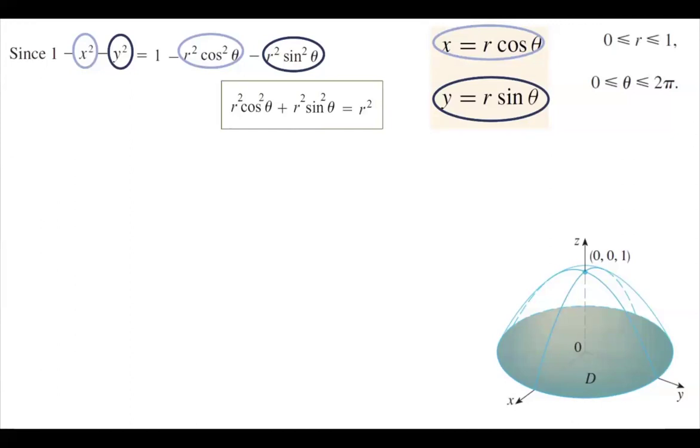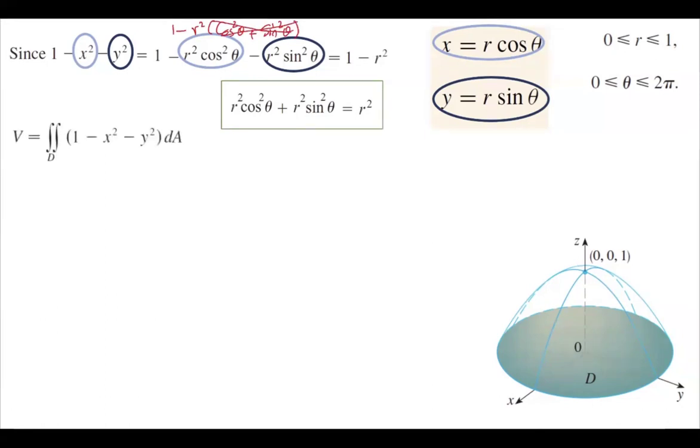So basically, if you factor out the negative sign and r squared here, you get 1 minus r squared in parentheses cosine squared theta plus sine squared theta, and this is 1. So that's how you end up with 1 minus r squared.